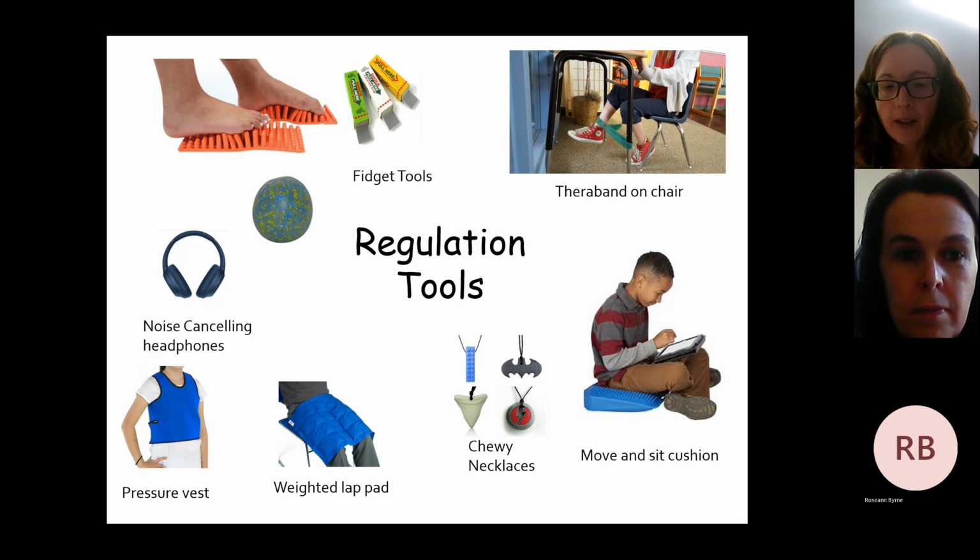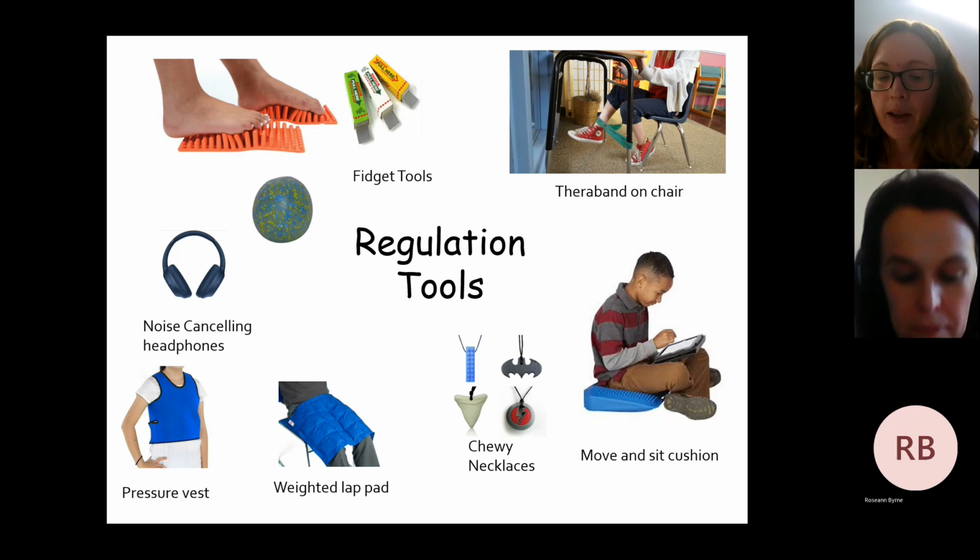The next tool that's shown there on the screen is the weighted lap pad, that blue blanket there. So weighted tools, I suppose, would be fairly commonly known as can be quite calming for the sensory system. There's a huge variety of weighted tools. You can also get some vest formats or blankets for supporting children to calm or to get to sleep.